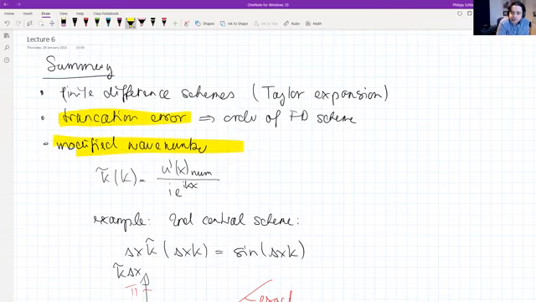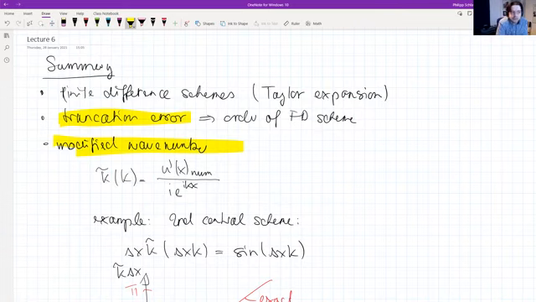The truncation error, as we will see later on, is in principle just the difference between the exact expression and the discretized expression. And whatever this difference is, of course, is the error, and that is the so-called truncation error due to the discretization. By studying this truncation error, we can then find out what the order of a specific scheme is.